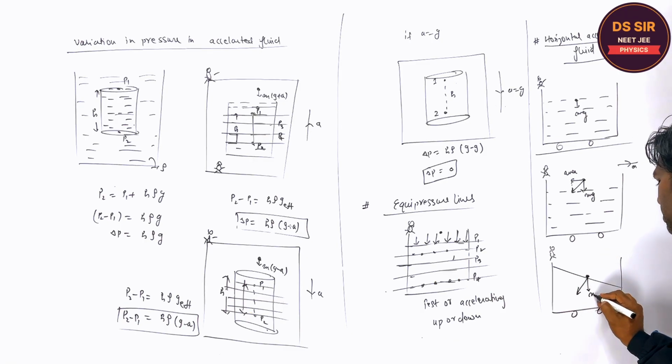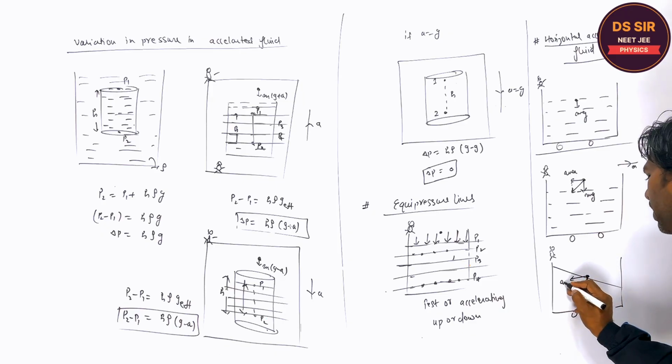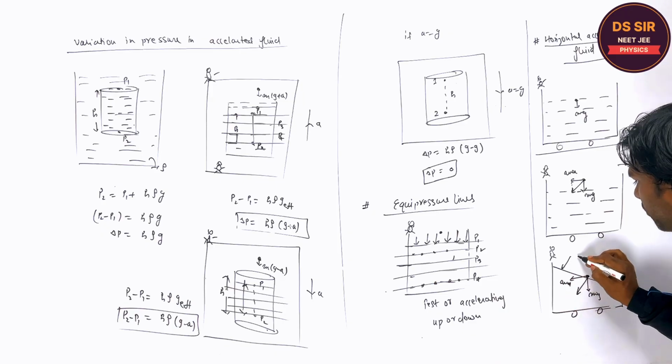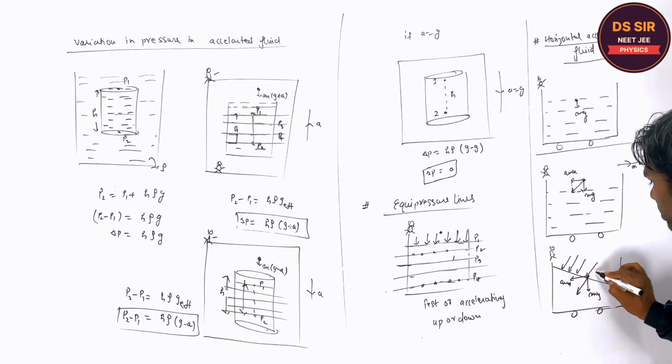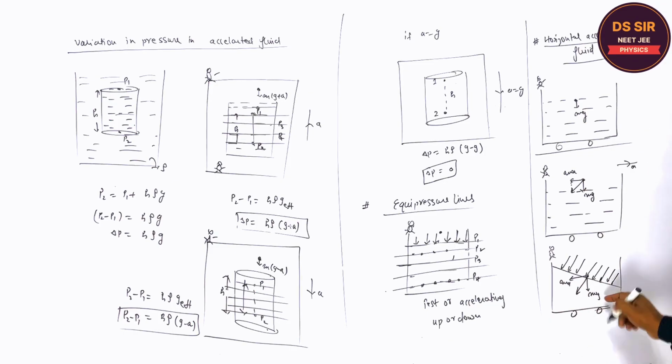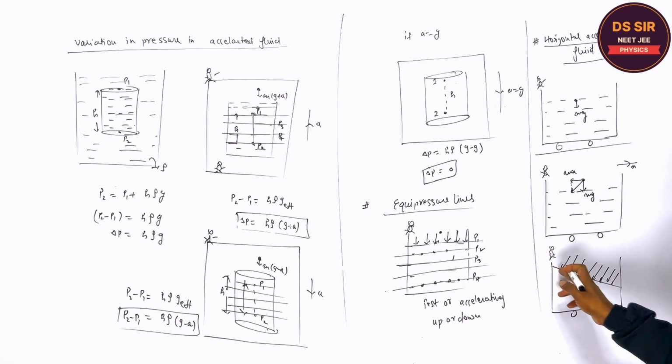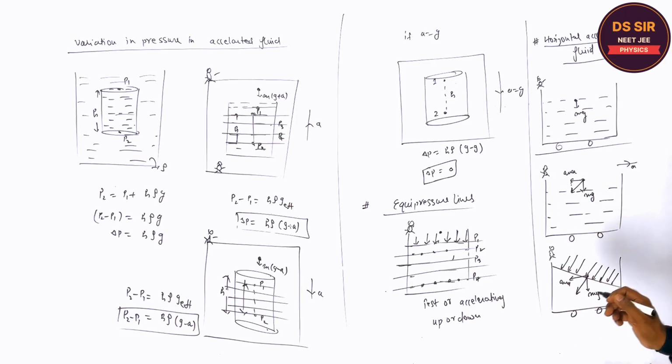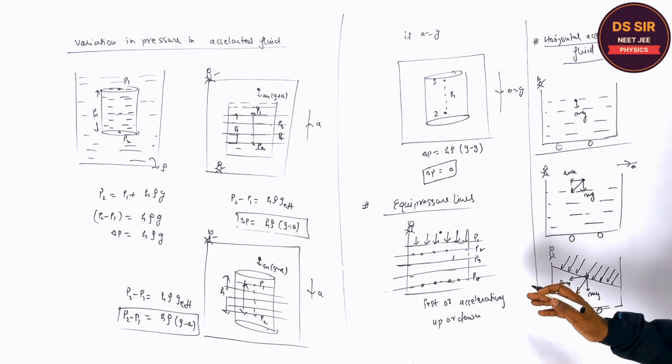Whose resultant is this? Mg and ma. So the net resultant force acting on the body is in this direction. Therefore, the surface in the horizontal accelerated fluid becomes tilted, or it makes some angle with the horizontal. Is it clear? What is the angle?